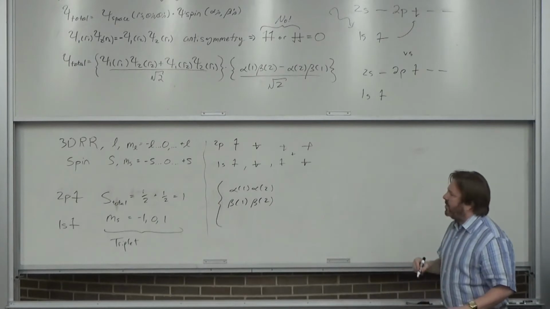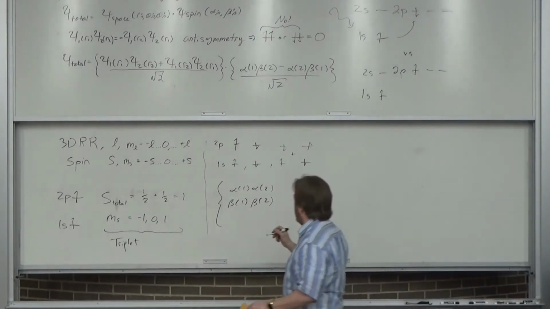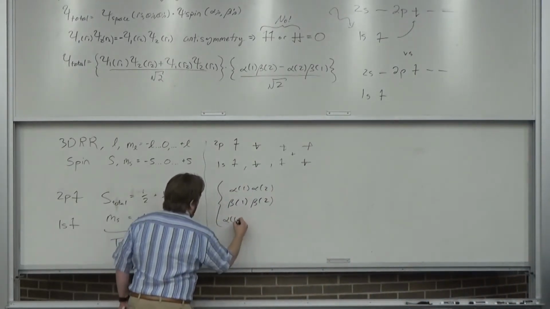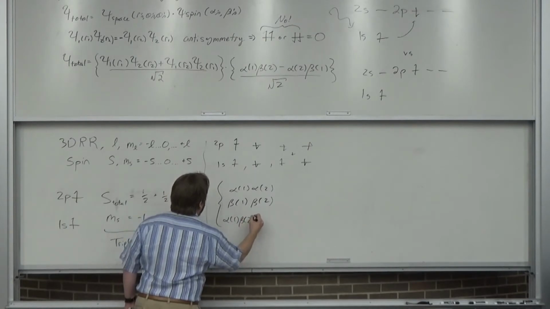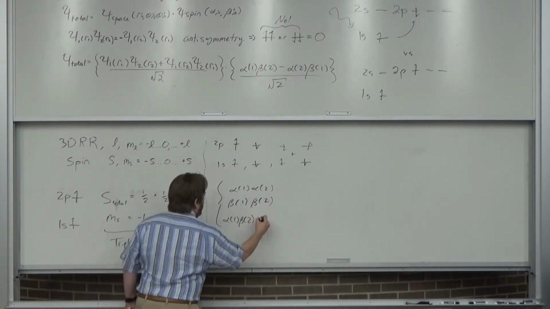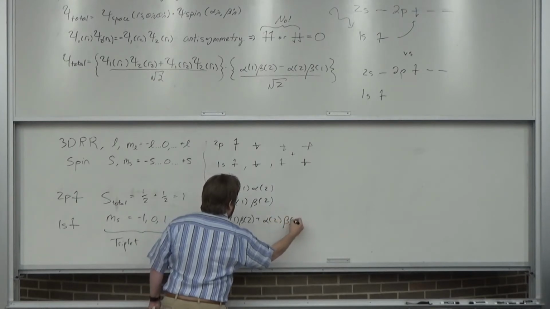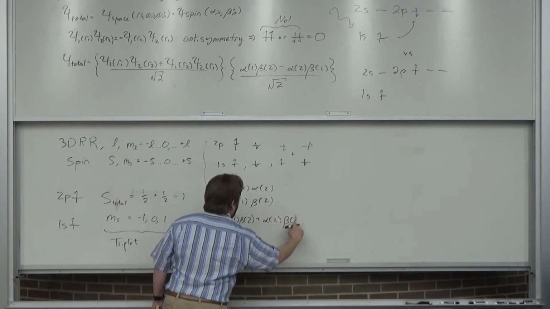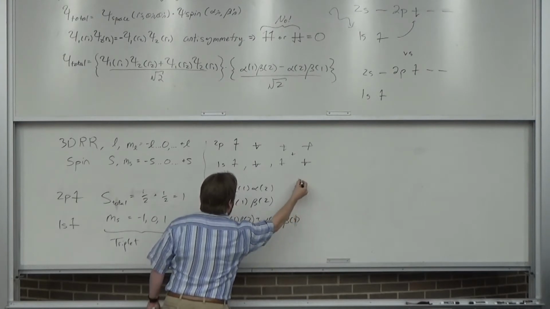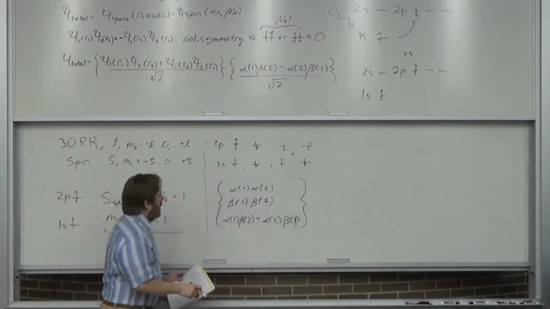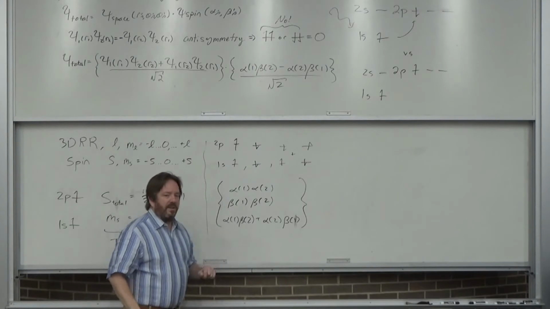Okay, so that's the third triplet state. And the way that works is alpha 1, beta 2, plus alpha 2, beta 1. Why did I put a plus? What am I doing? Okay. So these are the 3 triplet states.